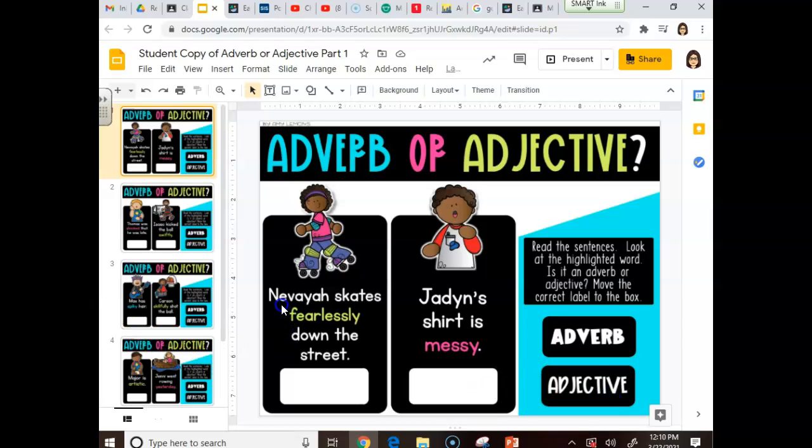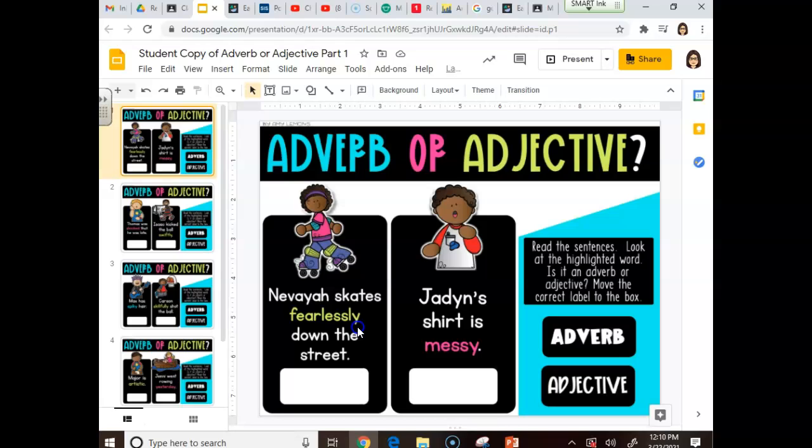All right, so let's look at the first sentence. Nevaeh skates fearlessly down the street. All right, we have the word fearlessly. What's something you notice about the word fearlessly? All right, it ends in the suffix ly. What types of words usually end in ly? Adverbs. That's right, but let's make sure. All right, if it's an adverb, it's going to describe what?